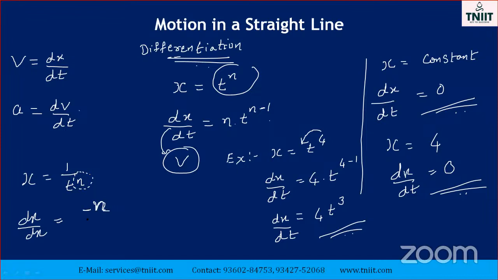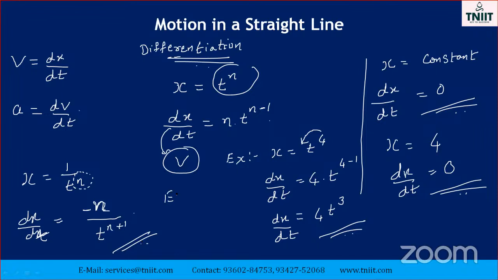Minus n whole thing divided by t power n plus 1. So what is dx by dt, students? dx by dt is nothing but minus n divided by t power n plus 1.